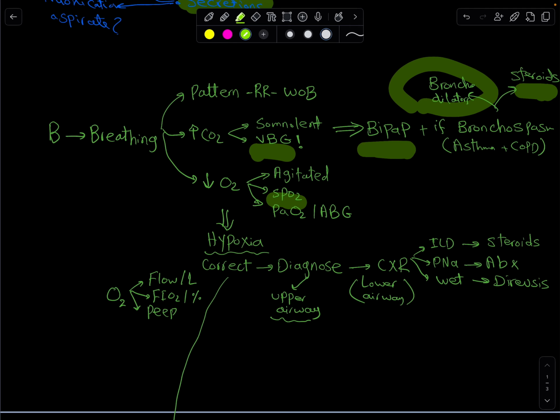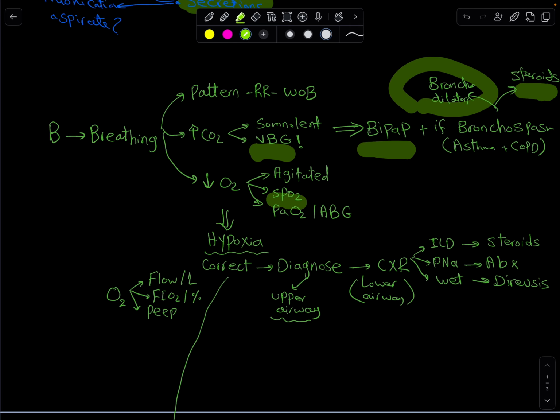If these patients have vascular congestion or pleural effusion, they have pulmonary edema, they have decompensated heart failure, they might need diuresis. So when I see a hypoxic patient, I have those three things in my mind: steroids, antibiotics, diuresis. Which one does the patient need?